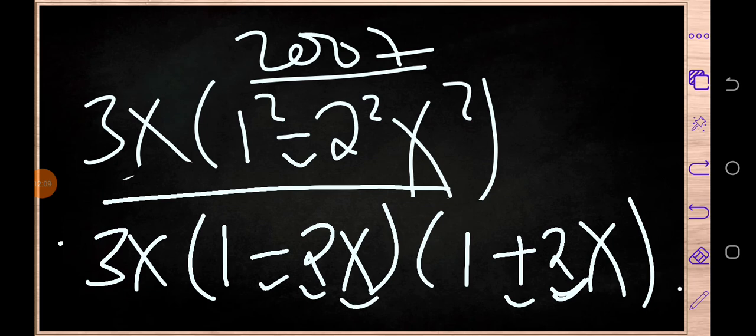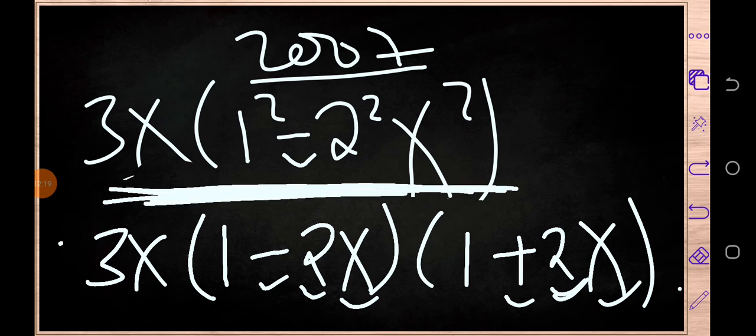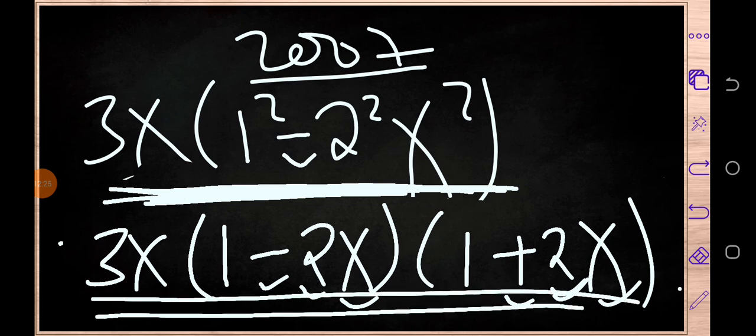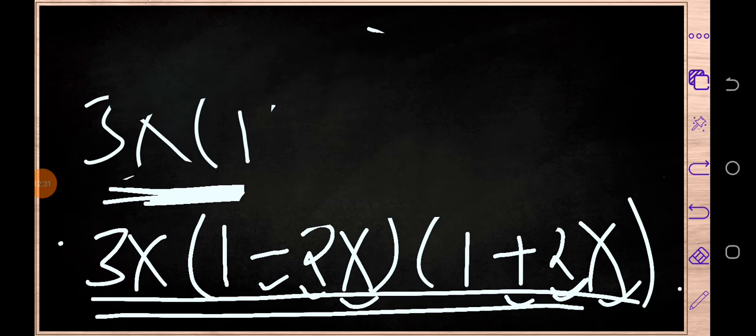Then this x multiplied with this x, the answer is x squared. So it is just giving us the same answer. Okay, so this is how we answer this question. Okay, let me give another example.